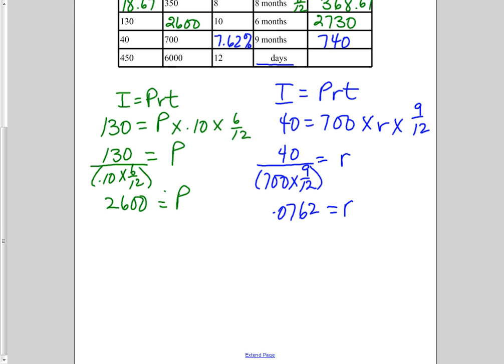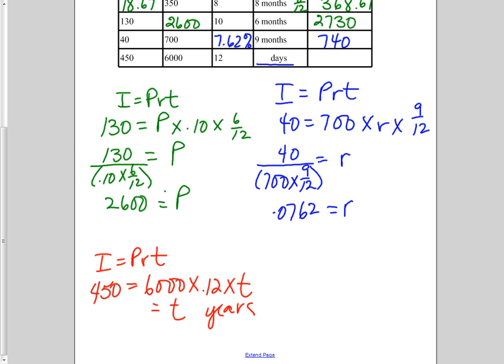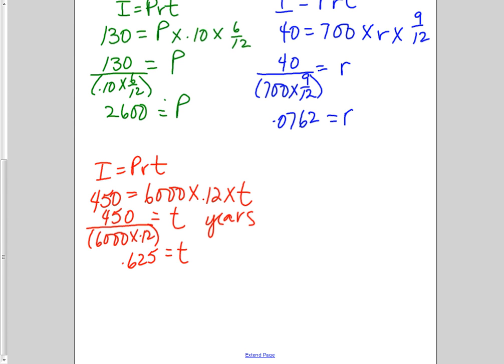So I have interest of $450. I have the principal, it's $6,000. My rate is 12%, and I want the time. Now when I do my calculations, I will get time in years. 450 divided by 6,000 times 0.12. 0.625, if I want that in days, 0.625 times 365.